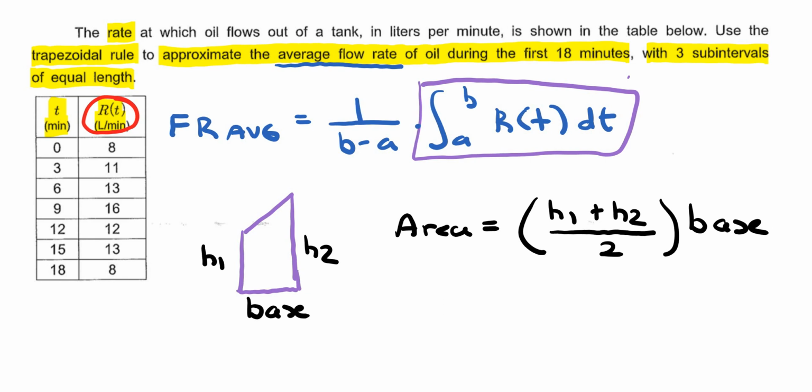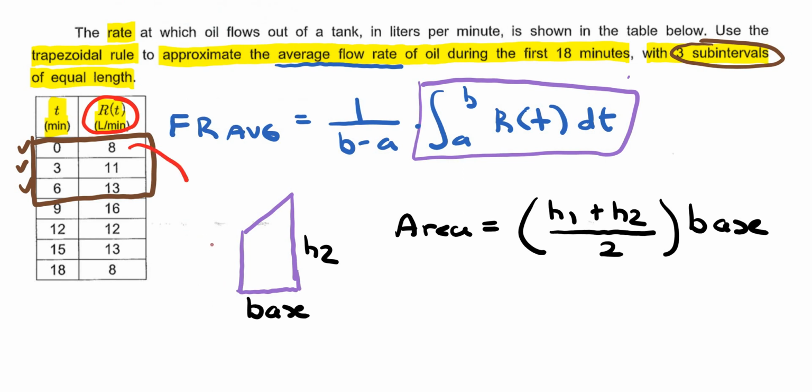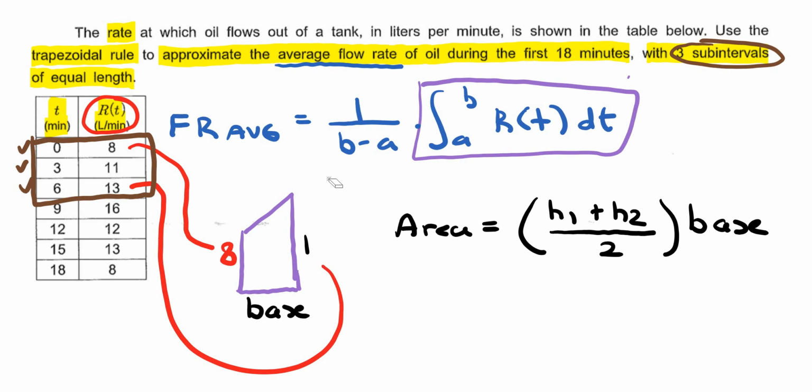Since we have 3 equal subintervals in the first 18 minutes, I need to get 1, 2, 3. So this box right here, we're going to use for our interval. That means our h1 is going to have a value of 8, and our h2 value, the endpoint there, will be 13.